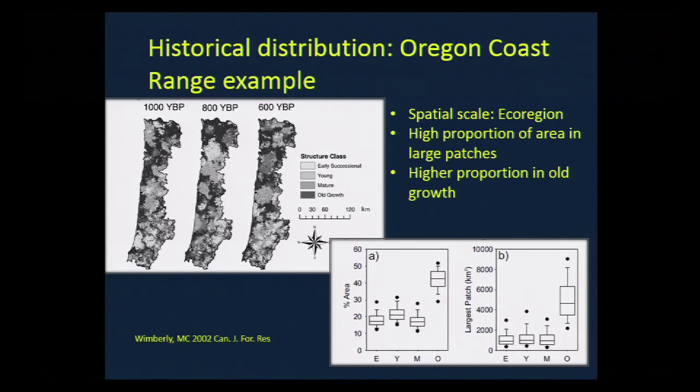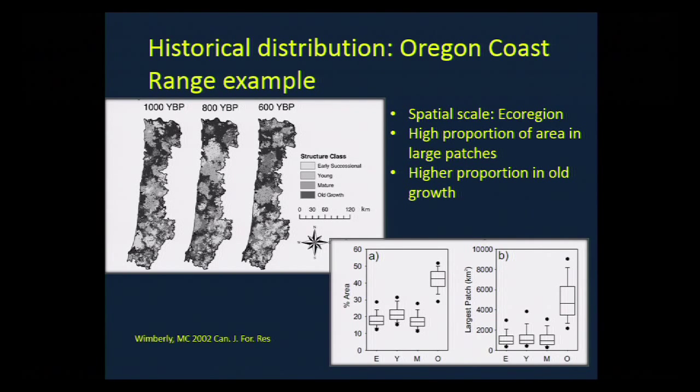And what he found after multiple runs, if you look at this figure here with the structure classes listed down below, was that the old growth structure class dominated the Coast Range province historically, ranging in area from about 30 to about 50%. And just on the other side of the successional groups, early seral occupied somewhere between 10 and 30%.